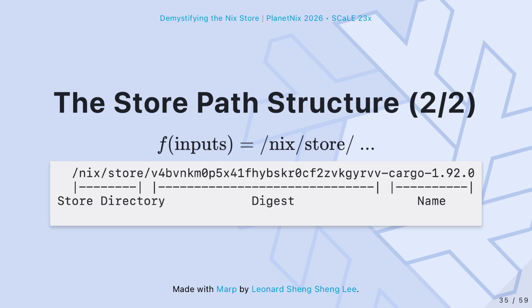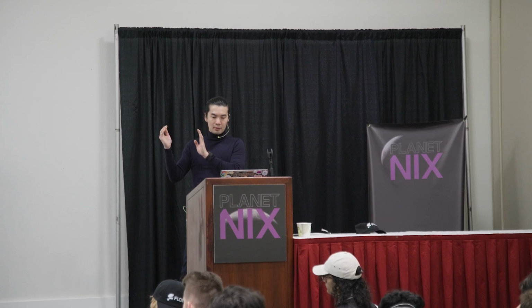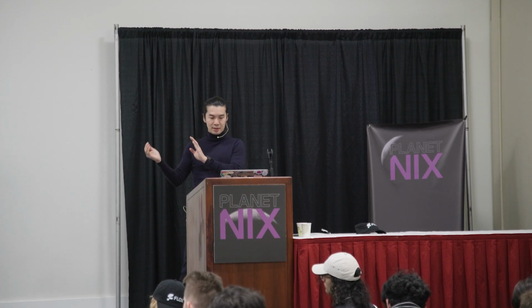So a store path is rendered to a file system path as the concatenation of the store directory, which is typically /nix/store, a path separator, and a digest that is calculated in Nix32, which is a variant of base 32.